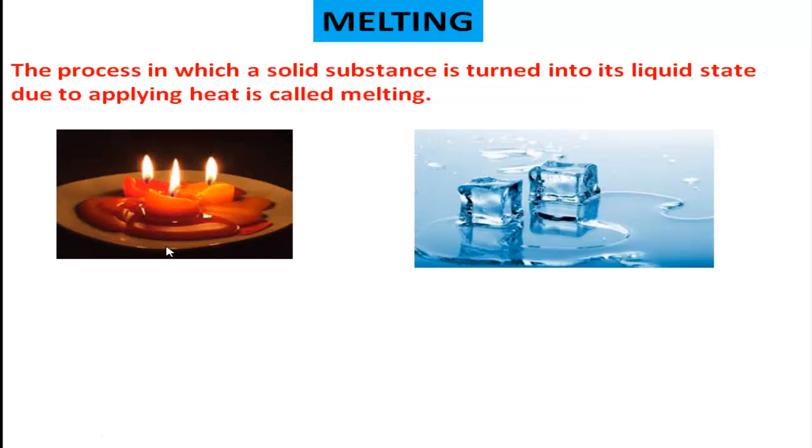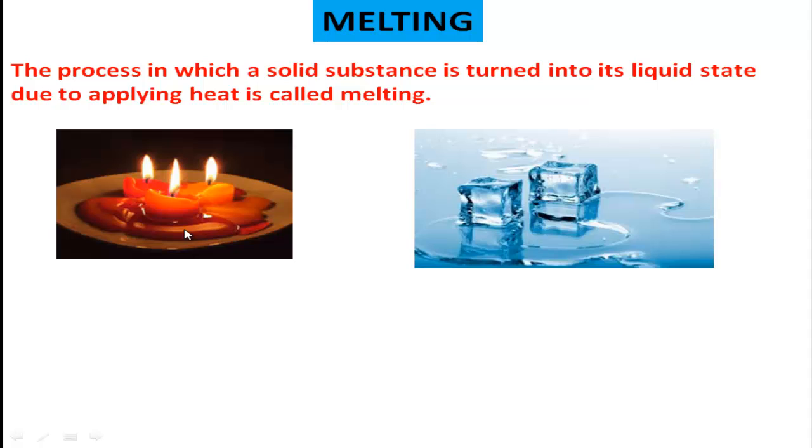Now follow this picture. This is a candle, lighting of a candle, isn't it? You have already seen that when you light a candle, after some time some parts of the candle, that is wax, melt due to heat, isn't it? So also we can see here melting of wax from solid state to liquid state.